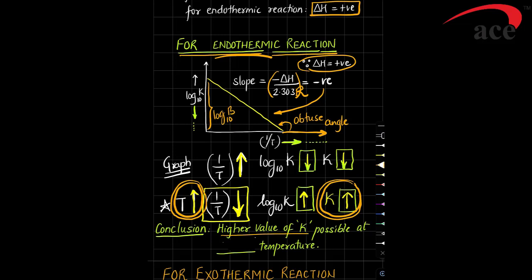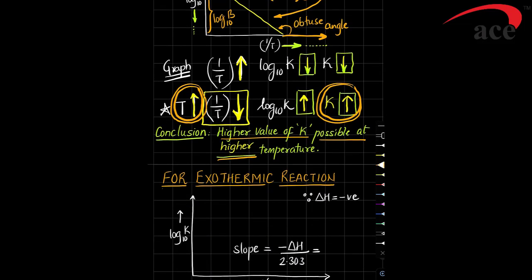Higher value of K is hence possible at higher temperature for endothermic reaction. For exothermic reaction, delta H value is found to be negative.